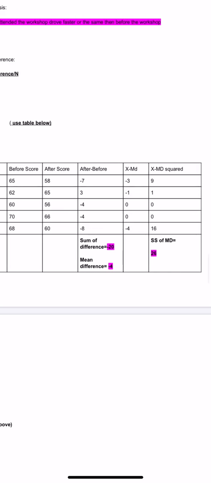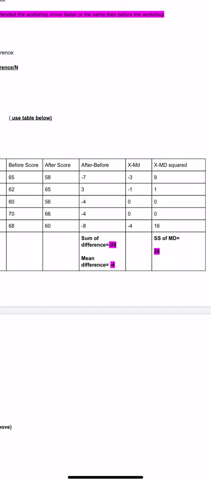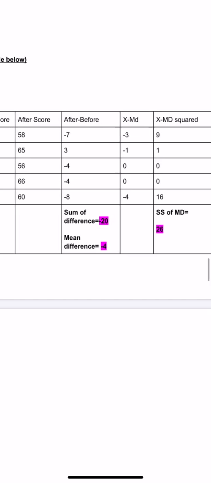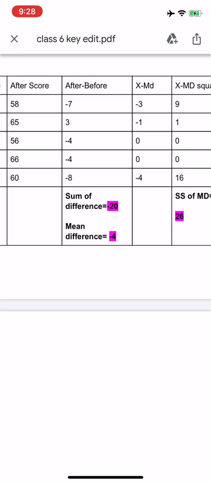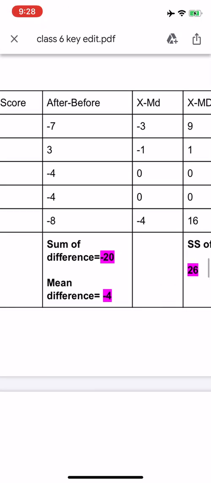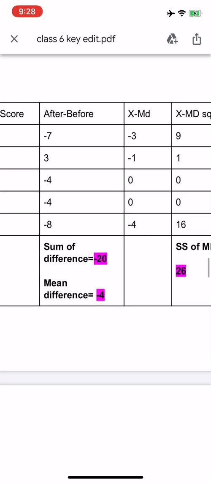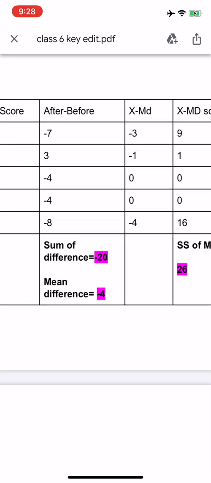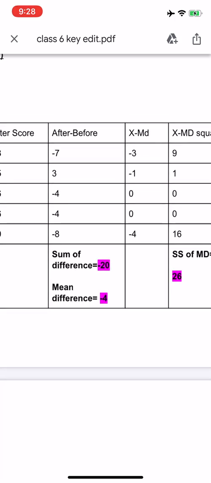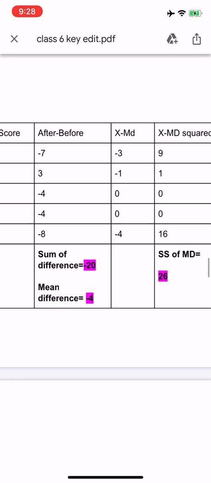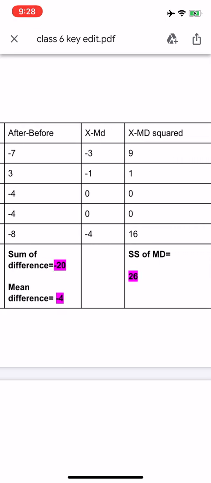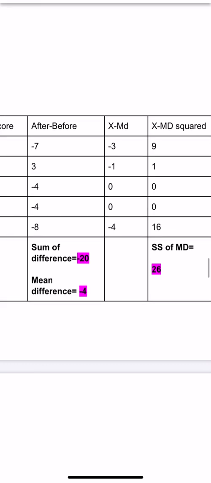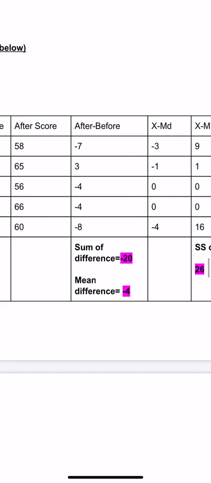So now what you do is you take what you can think of as x, but x is going to be what is right here, right? So that can also be labeled as d, okay? So you take d minus md, or the after minus before scores, just keeping it as x because we are very familiar with x, and you do -7 minus -4.